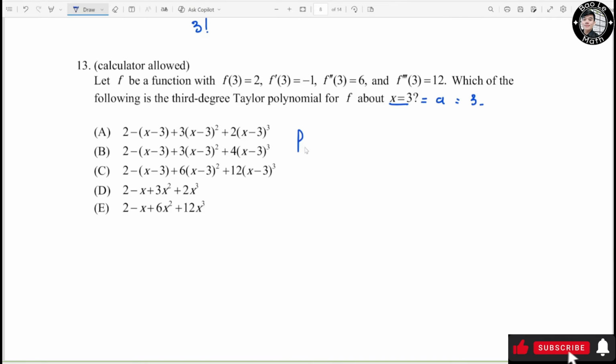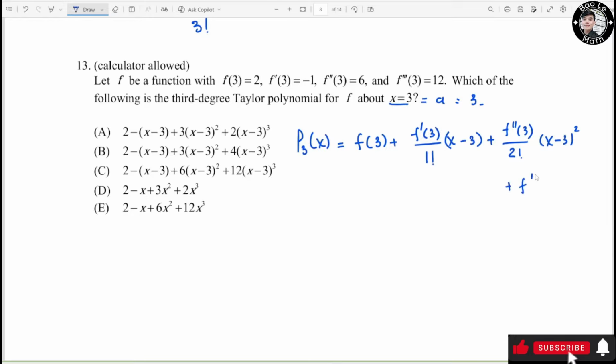So we have P3 of s equals f of 3 plus f prime of 3 over 1 factorial times s minus 3, plus f double prime of 3 over 2 factorial times s minus 3 squared plus f triple prime of 3 over 3 factorial times s minus 3 cubed, right?